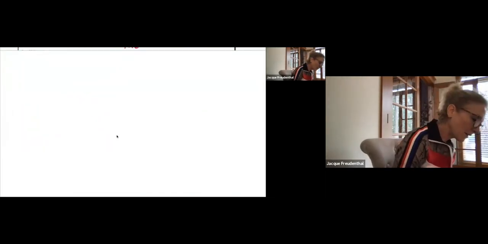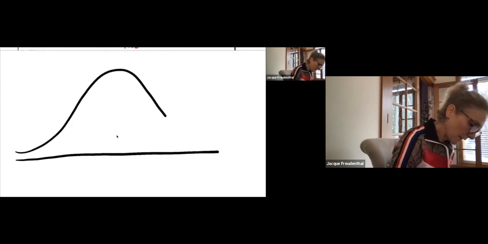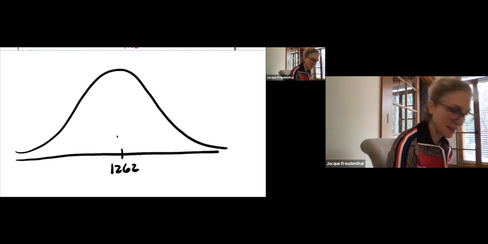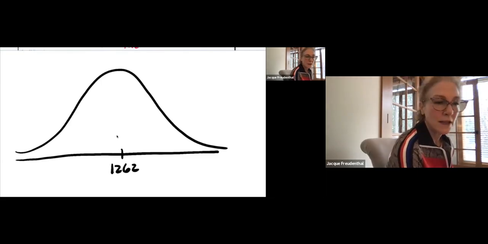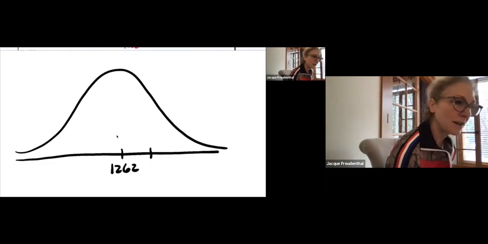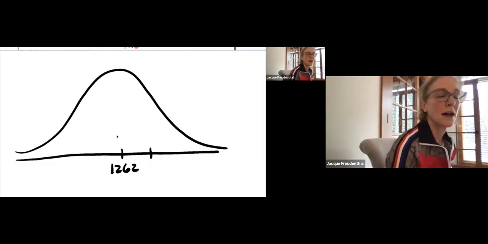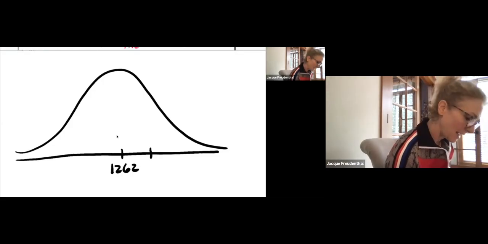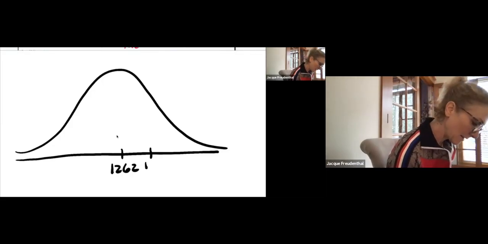Okay, so we know on this curve, the center is 1,262 because that is the mean. If I add one standard deviation, and the standard deviation is 118, so 1,262 plus 118, I'm at 1,380.